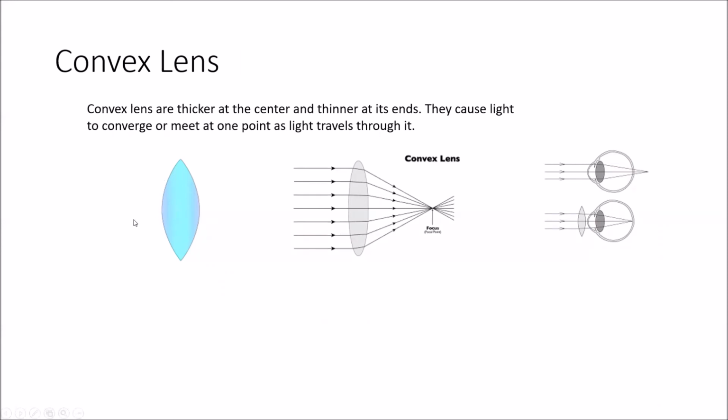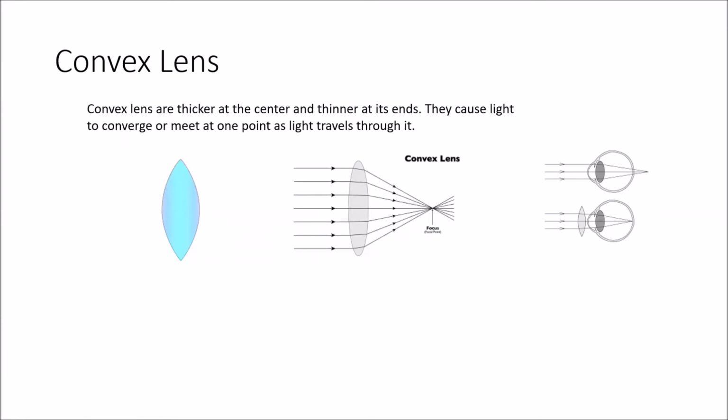So it's almost the opposite of a concave lens. It has this little oval shape, thinner at the end and thicker at the center. And this convex lens is going to cause the light to focus at this point right here, okay?